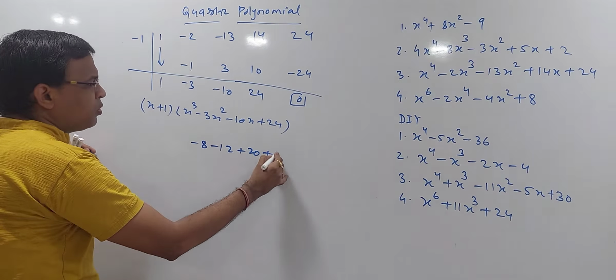What are the factors? x plus 1, and then x plus 3, and here it is x square minus 6x plus 8. Basically, if you see this, it is very simple. x minus 2, x minus 4.